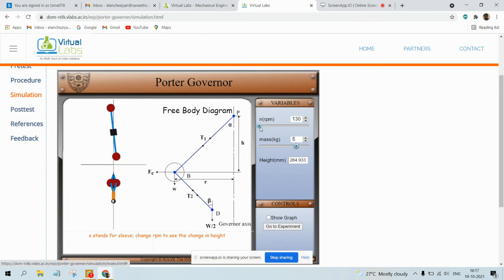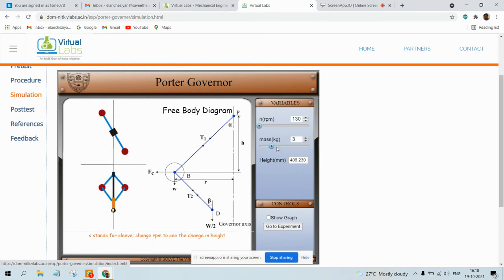While varying the speed, you can see there is a difference in the height. You can see the spindle is rising to the top. The setting is allowed only to lift it to 180 rpm. For example, for the same 130 rpm, the height is 264 mm. If I'm varying the weight, you can see there is a change in the height also.